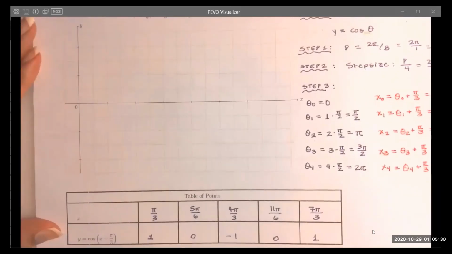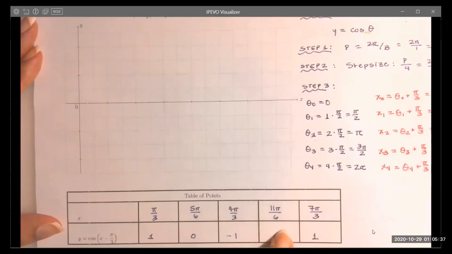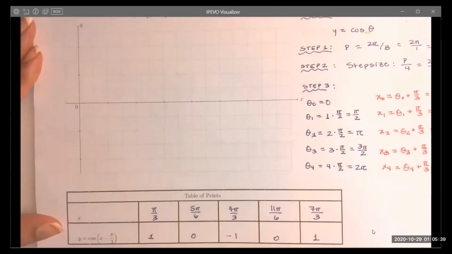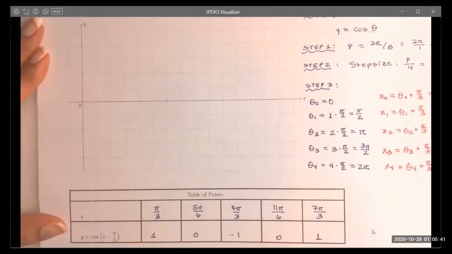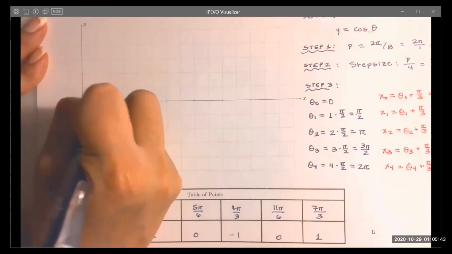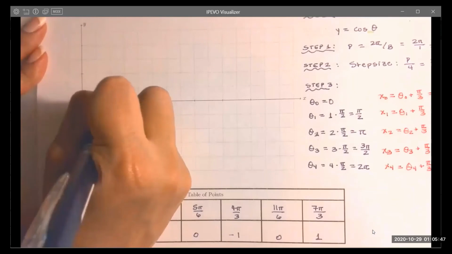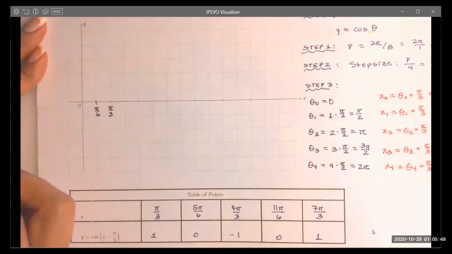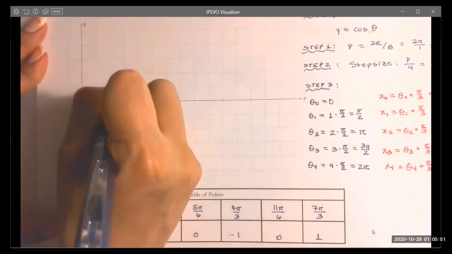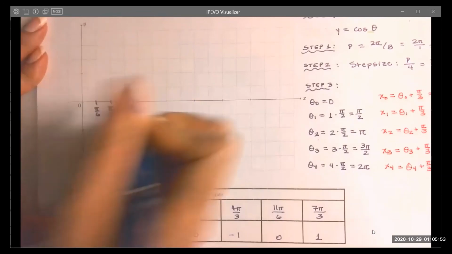On the x-axis, we need to make sure that we have 5 pi over 6 and 11 pi over 6. So let's go up in intervals of pi over 6. This first one is pi over 6. Then this would be 2 pi over 6, but it reduces down to pi over 3. This would be 3 pi over 6, but it reduces down to pi over 2.